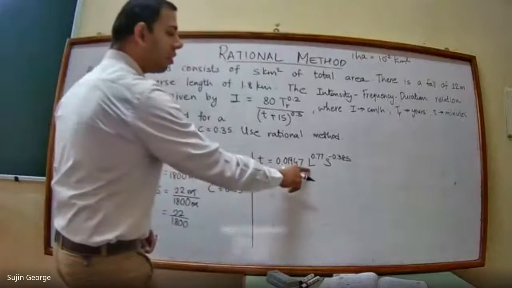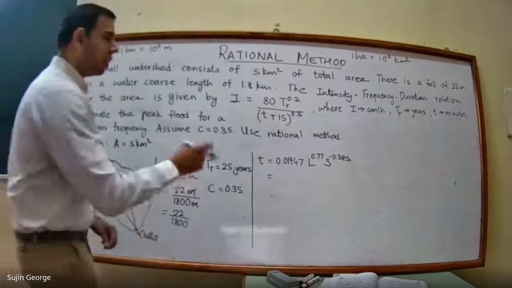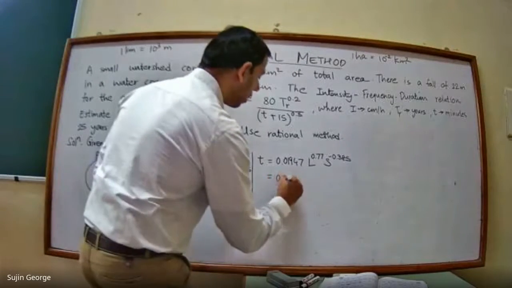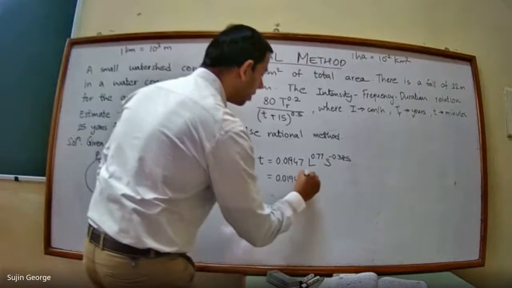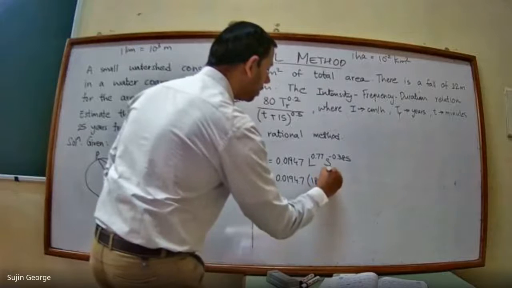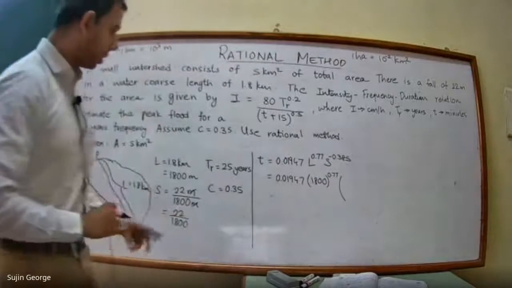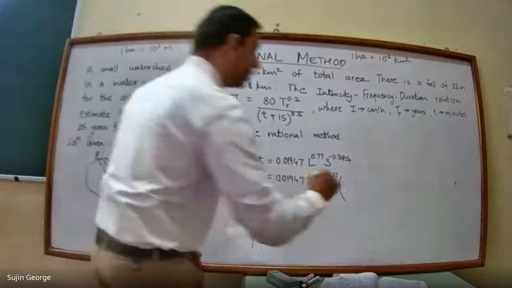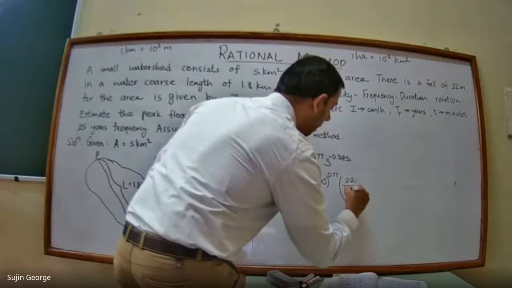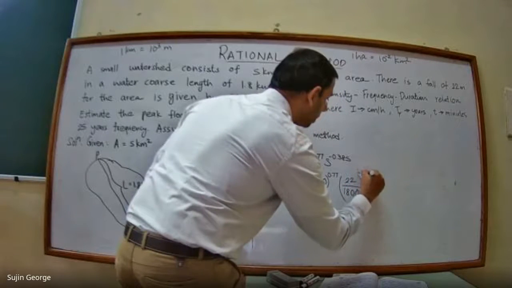So we know the value of L and we know the value of S, so we substitute: 0.01947 times 1800 to the power 0.77 times 22 upon 1800 to the power minus 0.385.